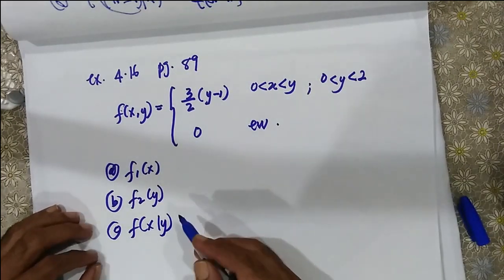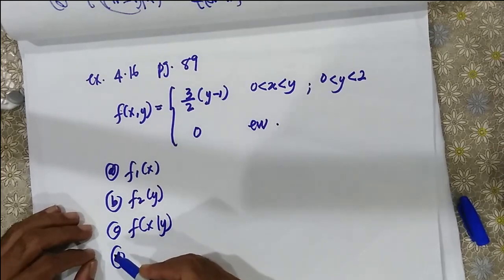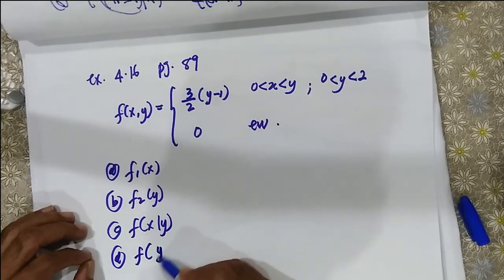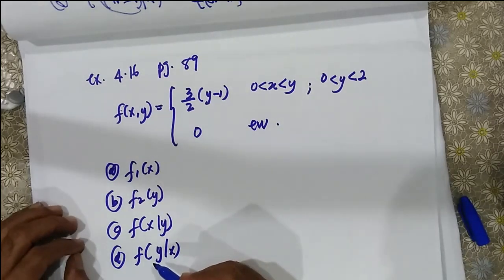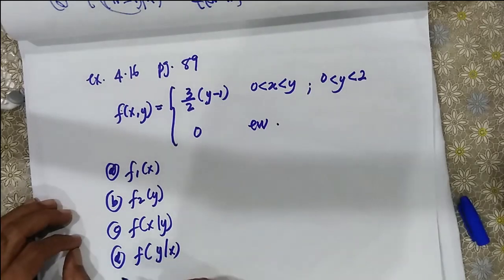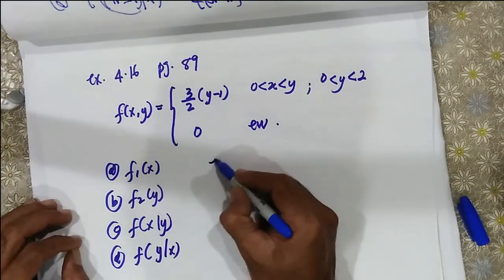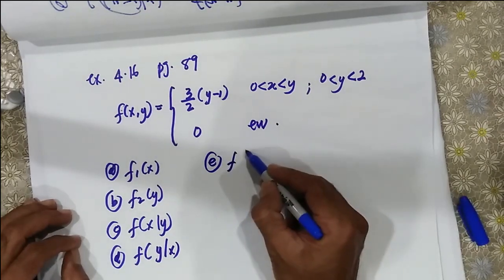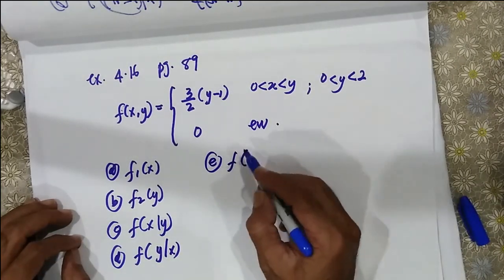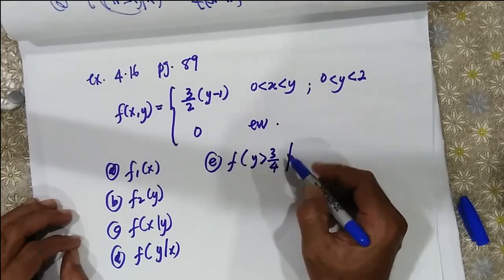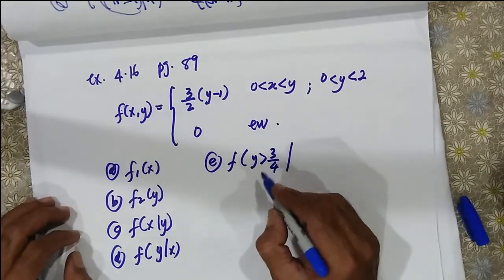Then I need to find the conditional of y given x. Then the last part is I want to find the probability of y greater than 3 over 4 given x equal to 1.